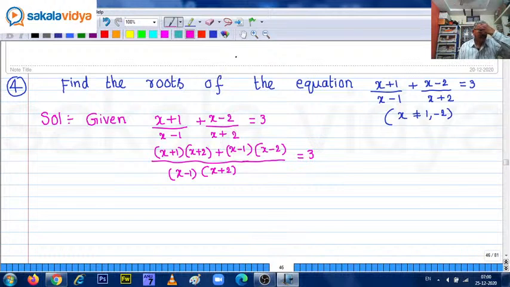So now let us simplify it. Open the bracket.